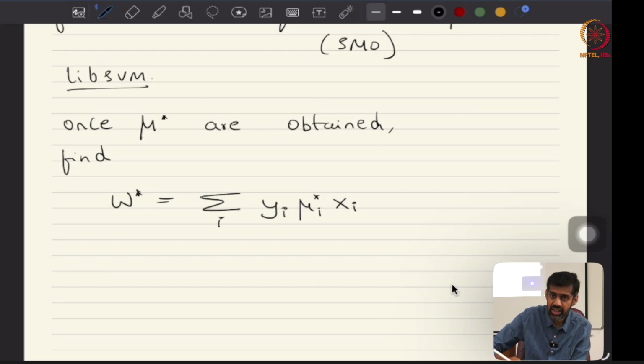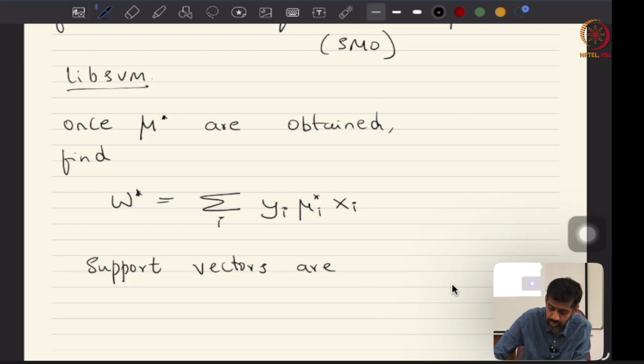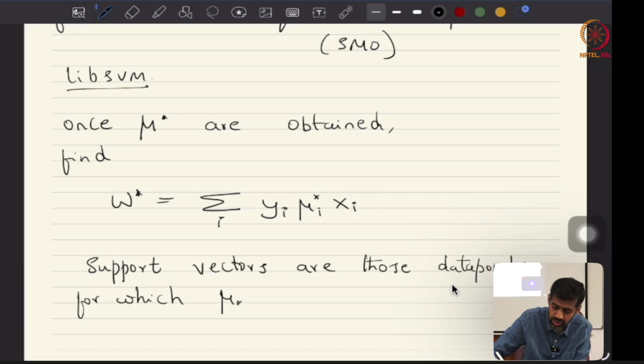Now we have already defined what support vectors are, right? These support vectors are those data points for which the corresponding Lagrange multiplier is strictly positive.